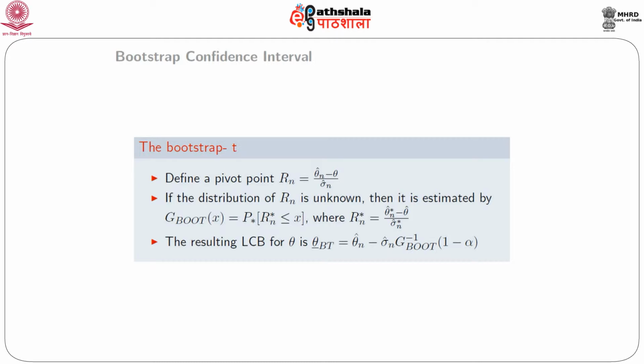So, the lower confidence bootstrap limit for theta would be theta underbar bt = theta n hat minus sigma n hat G boot inverse(1 minus alpha), and for the upper it would be theta bar bt, which is theta n hat plus sigma n hat G boot inverse(alpha).